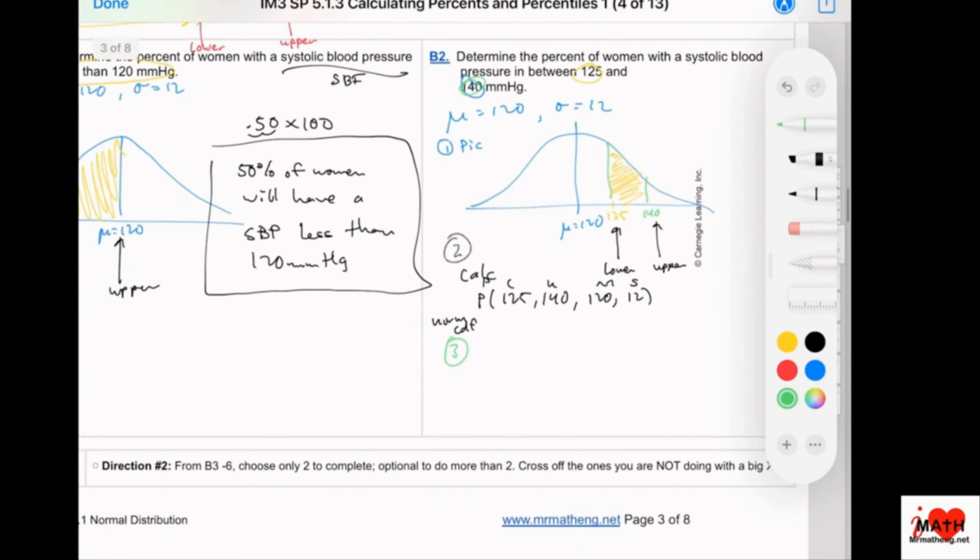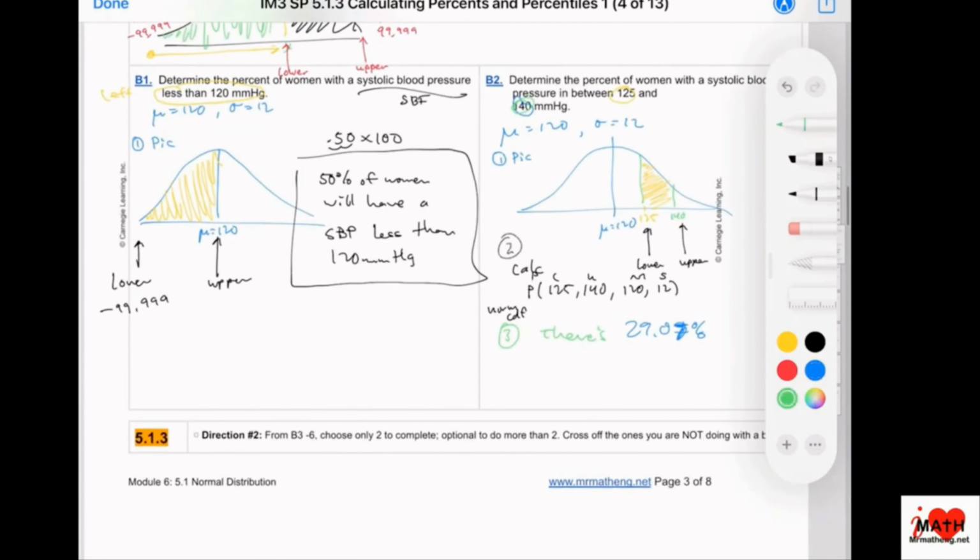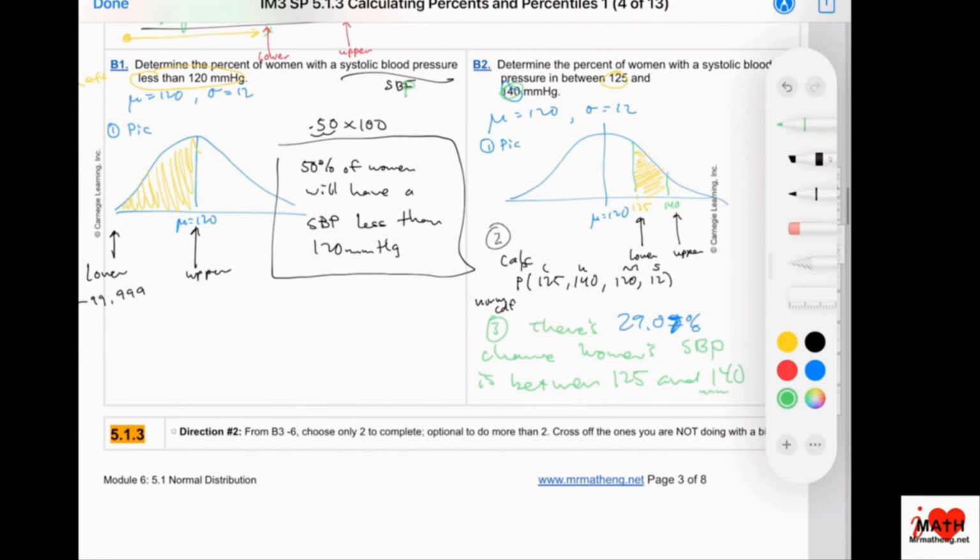So we don't have to use the table now, so I can just write an answer. There's a 29.07% chance that a woman's, I don't know what systolic means, systolic blood pressure, that's a P, I guess, is between 125 and 140 millimeters per Hg.